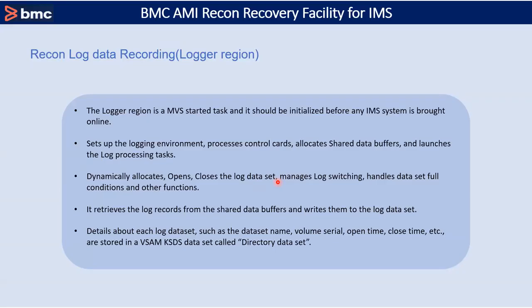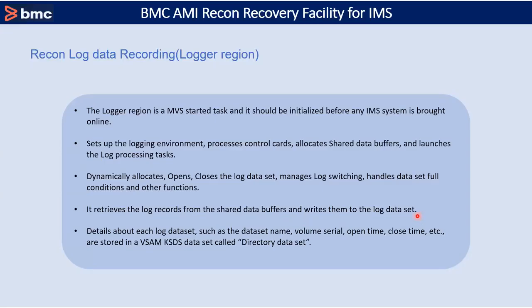It also handles the condition when the log data set gets full. If you want to switch a log, basically you want to run a report or you want to run a recovery, you can force a log switch through a console command. All these are handled by this logger region. Obviously, as we talked about, it retrieves the log records from the buffer and writes them to the log data set.